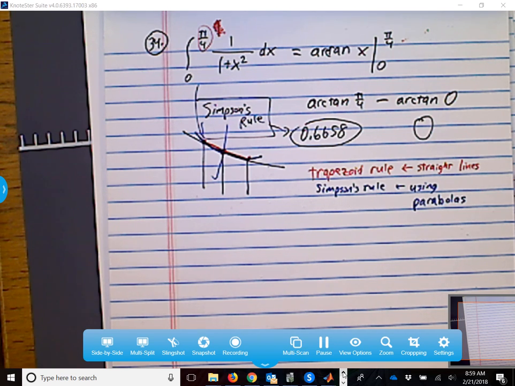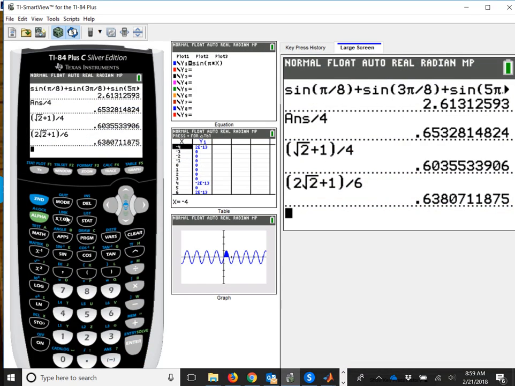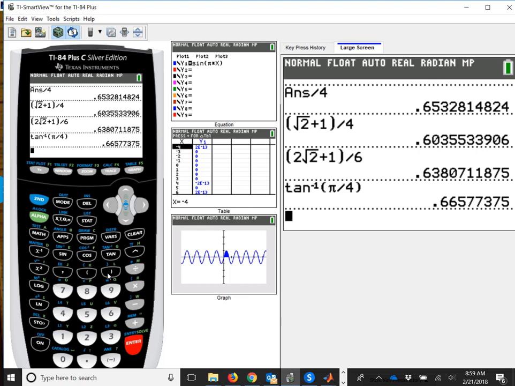You want to compute that? You're going to make me do it. All right. Inverse tangent of pi over 4. Look at that. 0.6657. So the exact answer is 0.6657. Well, if you round, it's 0.6658, right?